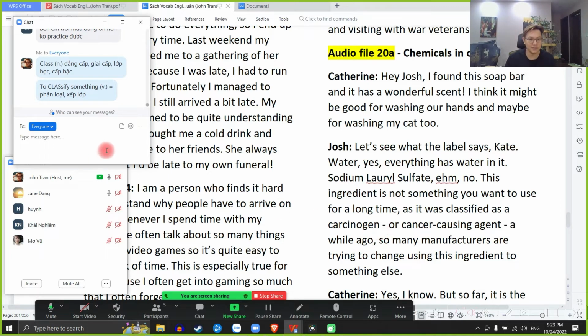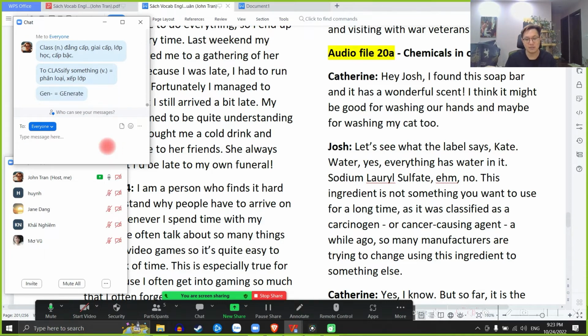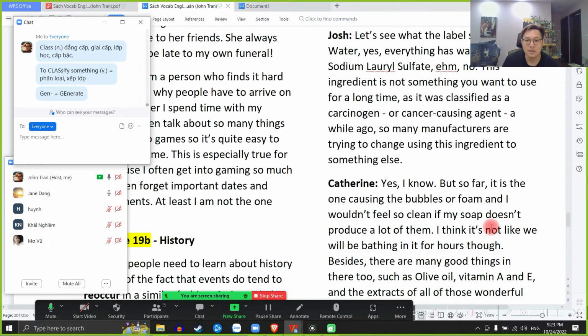Gen means to generate, sản sinh ra. Carcinogen là chất gây ra ung thư, cancer causing agent. So many manufacturers, cho nên nhiều nhà sản xuất, are trying to change, đang ráng làm sao thay đổi sử dụng cái nguyên liệu này đến một cái gì đó khác.